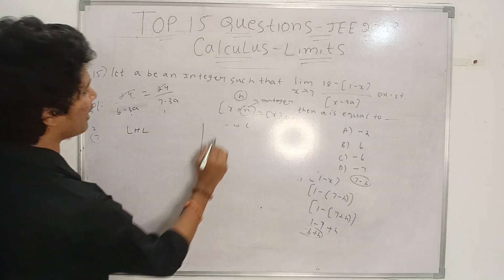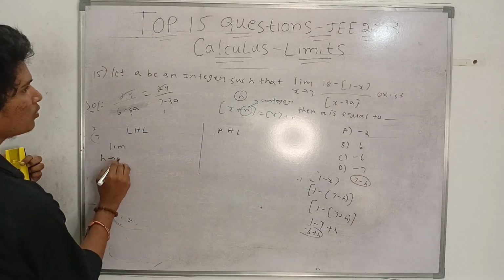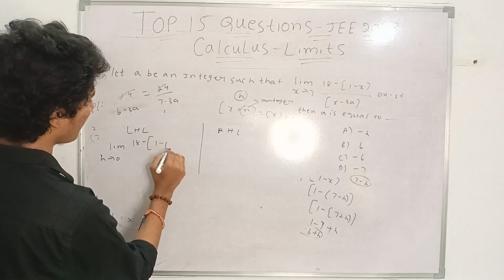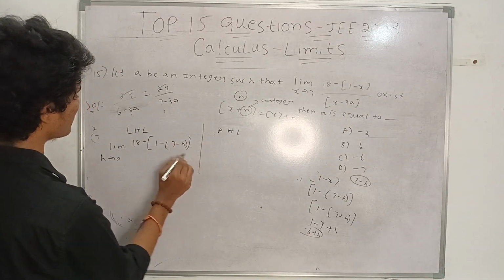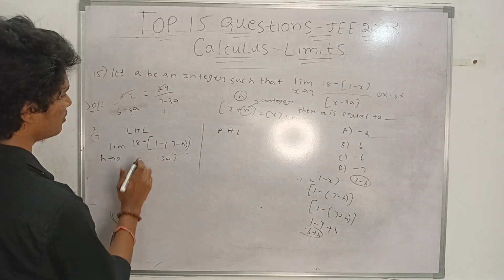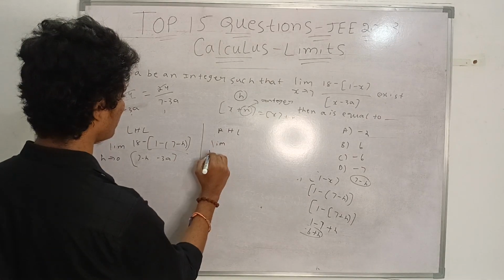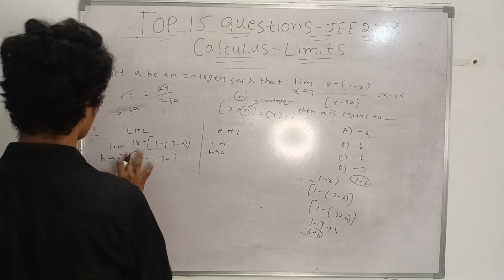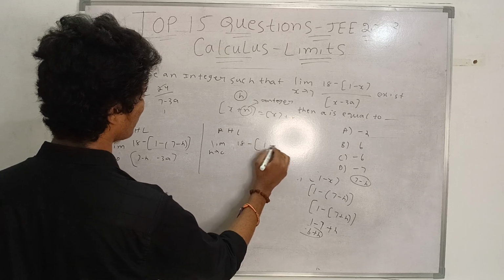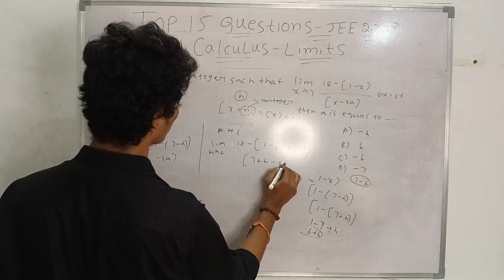LHL part, RHL part. What I said: limit h tending to 0, 18 minus 1 minus 7 minus h here, divided by x minus 3a, that is x is 7 minus h here. Now the RHL part, limit h tending to 0, 18 minus 1 minus 7 plus h divided by 7 plus h minus 3a.